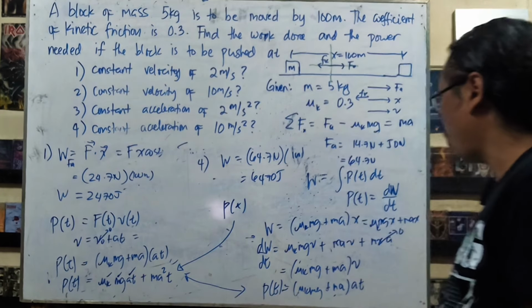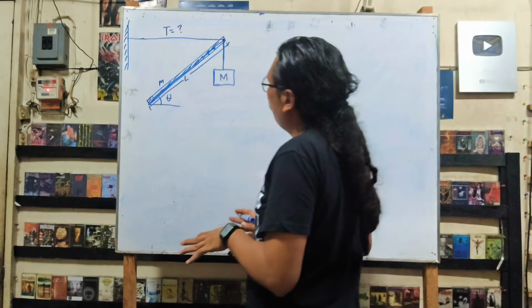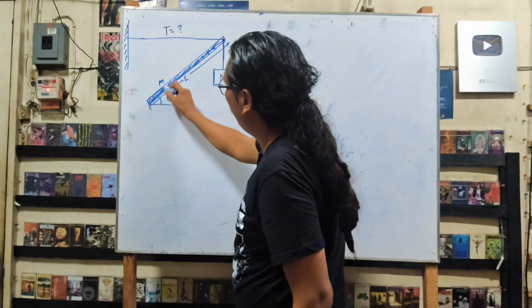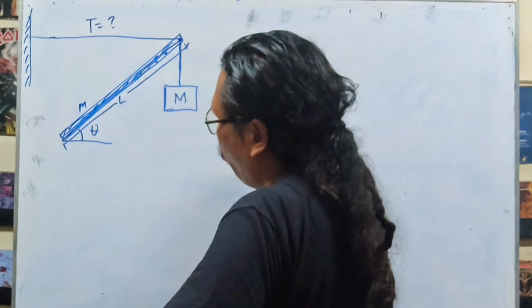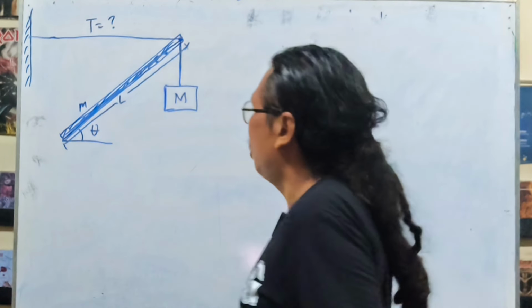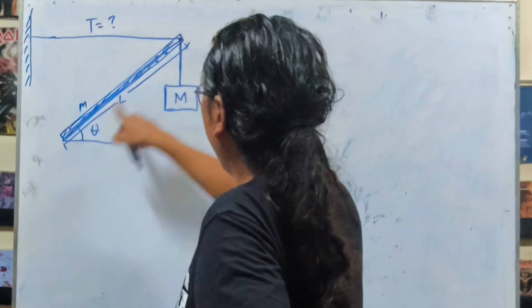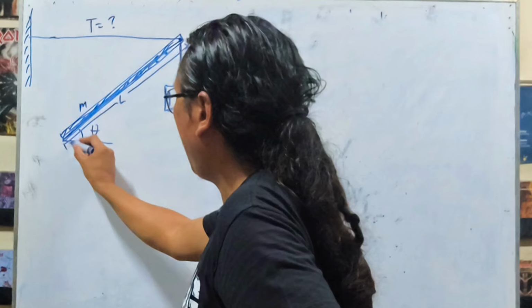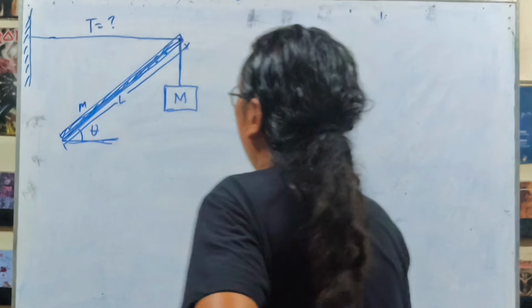Okay, next problem. In this problem, we have a stick, or a wood, or a crane. The mass is m and the length is l, and it makes an angle of theta with the horizontal.